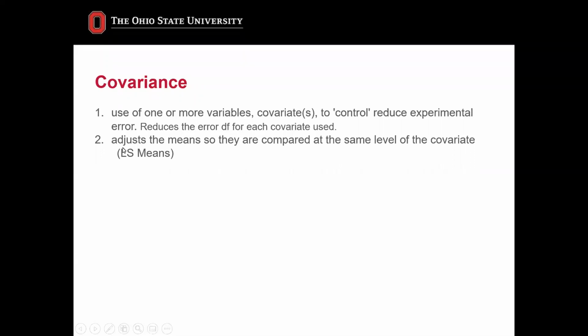You might recall we had used LS means earlier in the semester when we were adjusting a mean based on it having a missing value, because of the potential for bias in the interpretation in a block design, where we generate new values for the means, the mean that would have been predicted if we had had a value for that particular block.